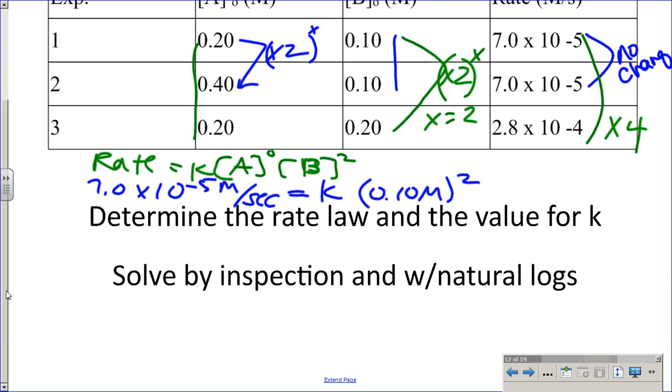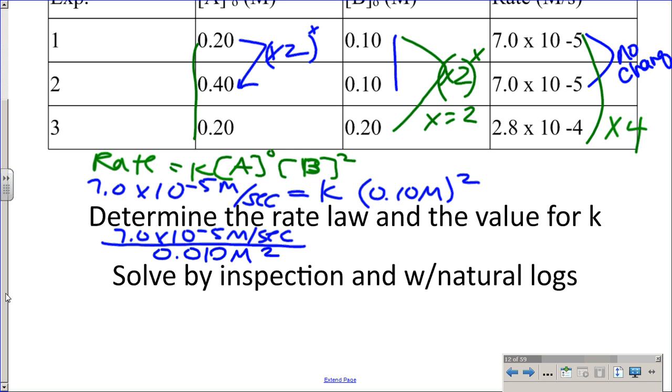So K is going to be, I'll work out this part, 7.0 times 10 to the negative fifth molarity per second over 0.1 times 0.1, 0.01 molarity squared, right? Because this is squared here. And then, what cancels on our units here?